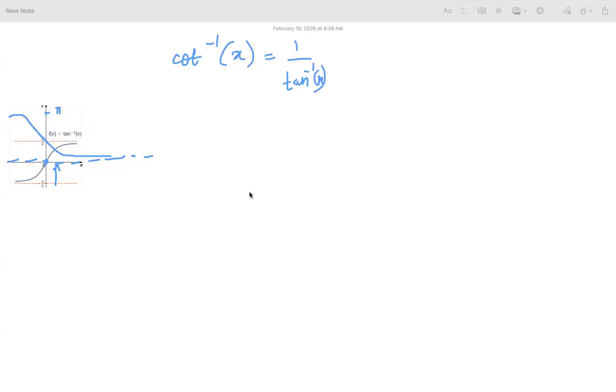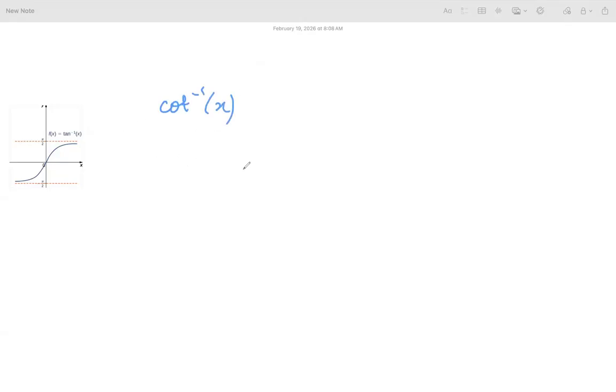This is the only thing which might be a little tricky, because it's not from minus pi by 2 to pi by 2, but from 0 to pi. For the cot inverse graph, the principal values are 0 to pi, because wherever there is 0, it's going to be an asymptote.